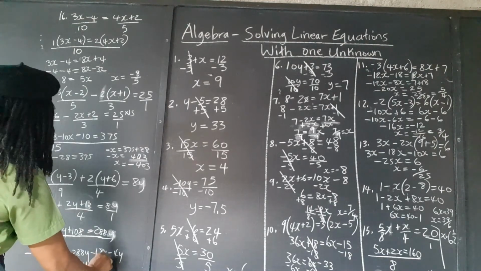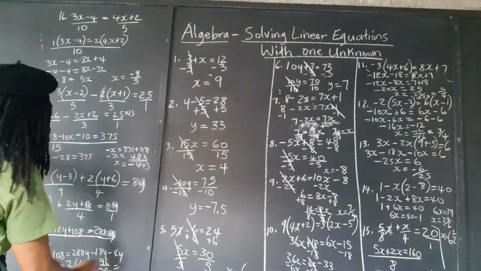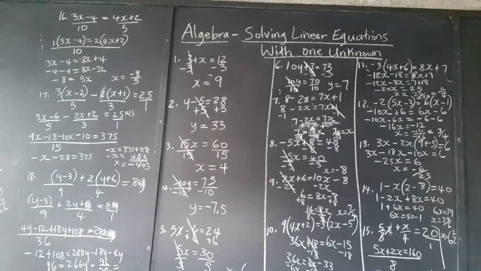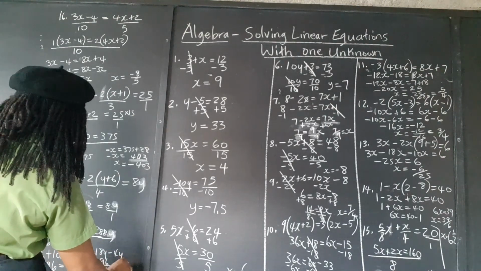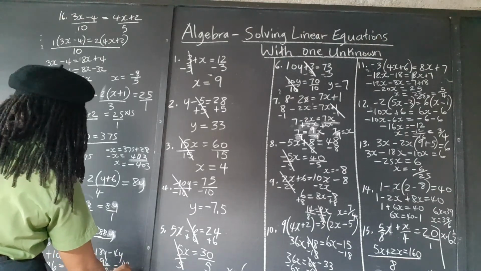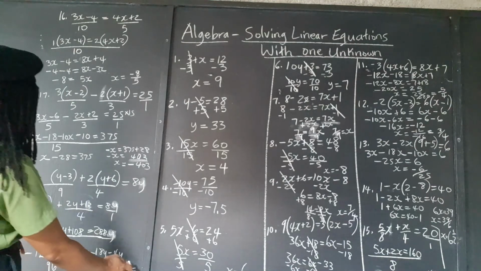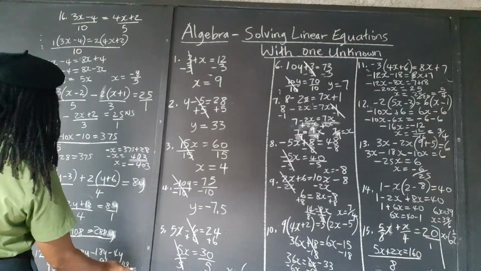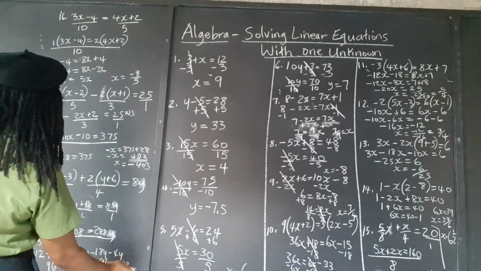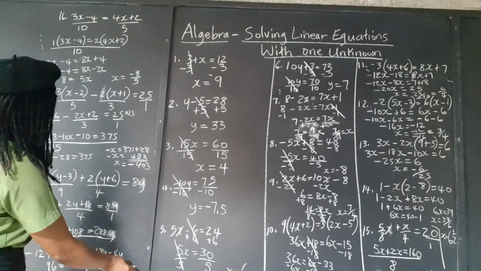So we end up with 96 over 266 y. And that's going to give us 48 over 133y. So y is 48 over 133.